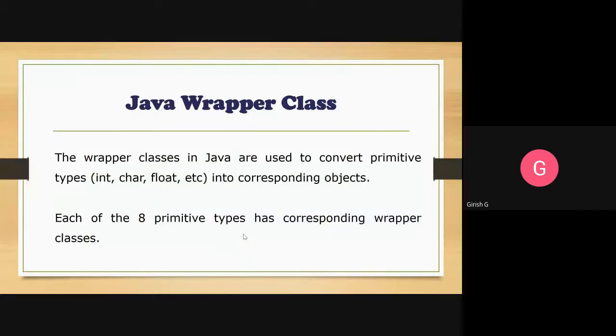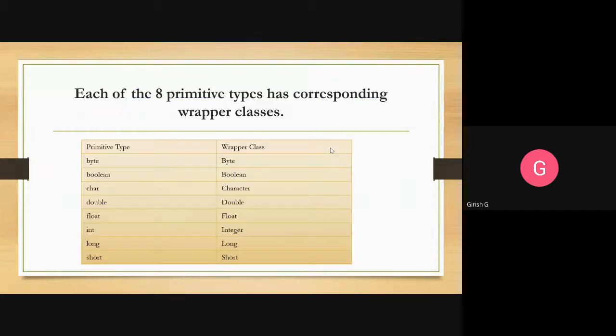Next is the wrapper class. Basically, wrapper classes in Java are used to convert a primitive data type into a non-primitive data type, or objects. Your int, char, float, those things are primitive data types, right? And objects are your Integer, Character, Float. Each primitive data type has its own wrapper class. For byte you have Byte.